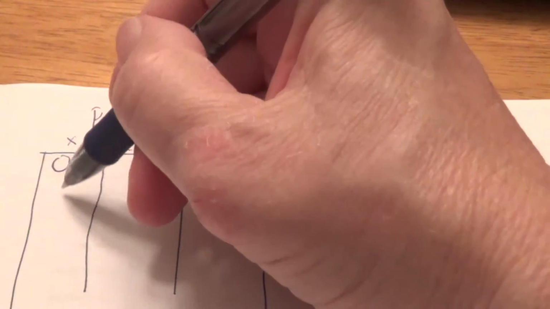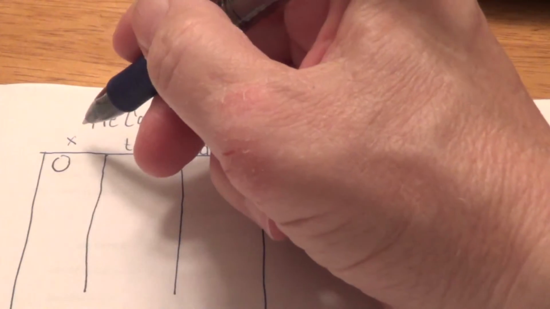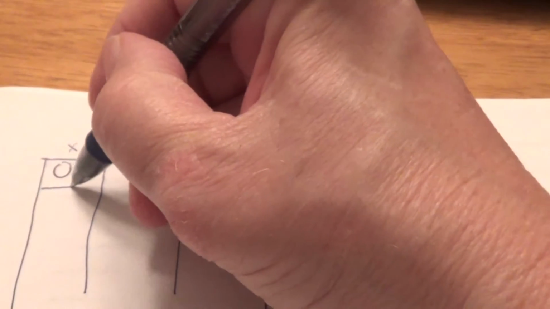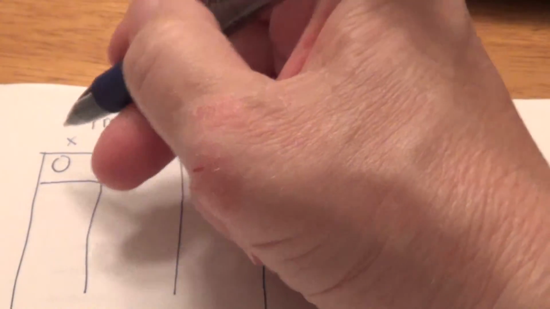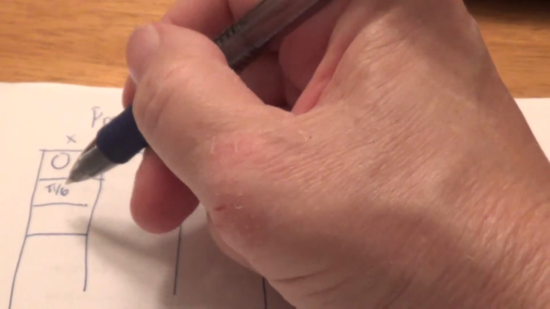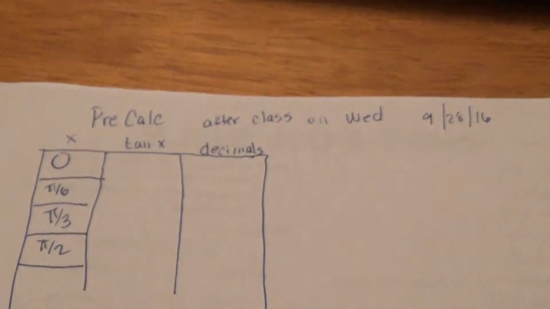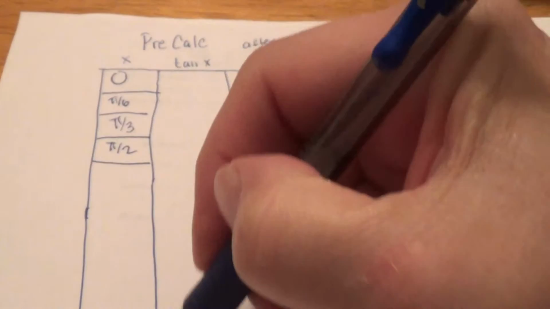All right, so the part we're going to fill in right now to save time is all the values for x. So we're going to do 0, pi over 6. So we're going to go around by 6, 1/6 pi, 2/6 pi. Notice I reduce as I go, 3/6 pi. And it'd be nice if you made yours neat.